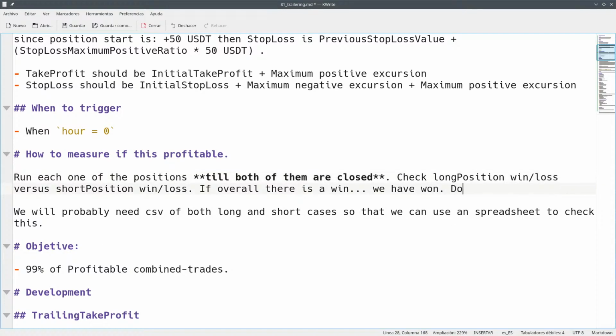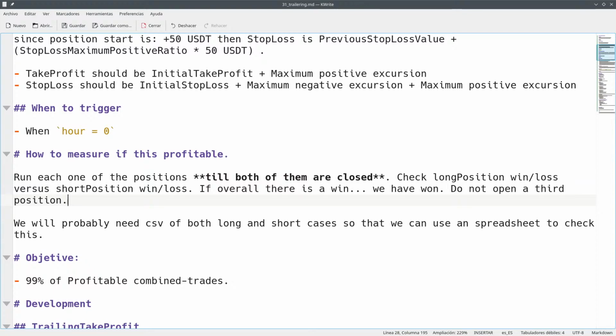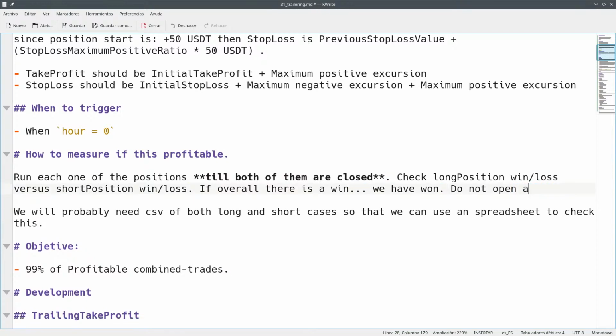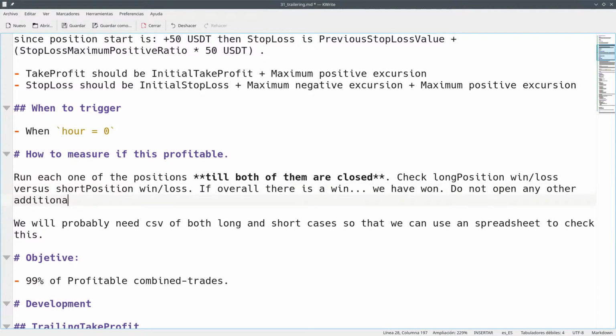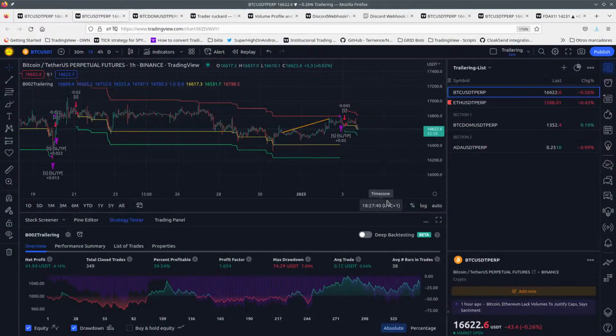Do not open a third position. Do not open any other additional position till both of them are closed. Okay, this is what I want to do because it makes sense. Sometimes you can recover some of it.